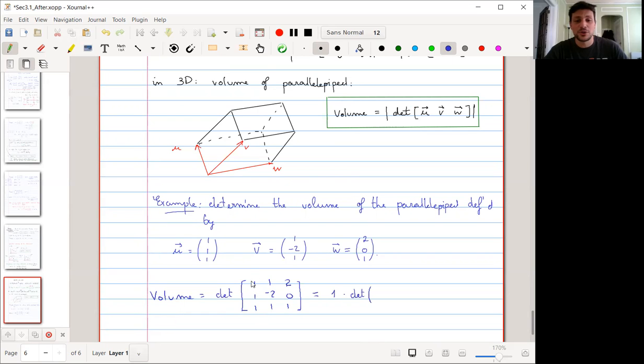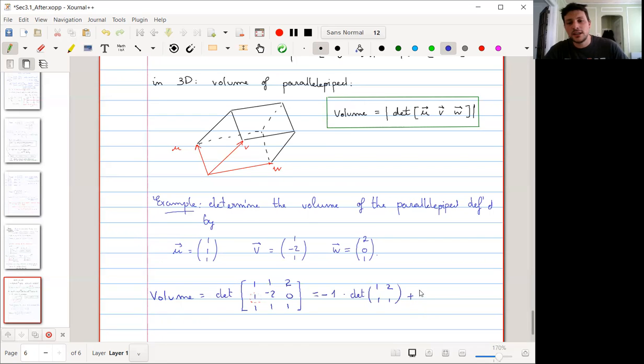I erase the 2nd row and the 1st column because that's where my 1 lies. I'm taking this guy, which is 1, 2, 1, 1. Except if I use cofactors, this 1 is in position 2, 1, which means that it has a negative sign in front because it's a -1 to the 3.